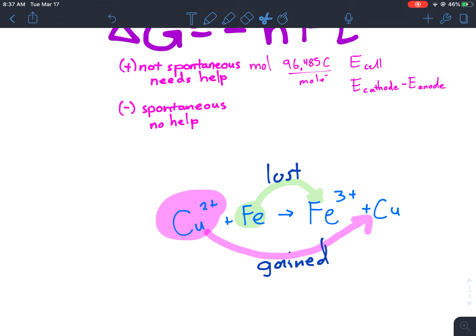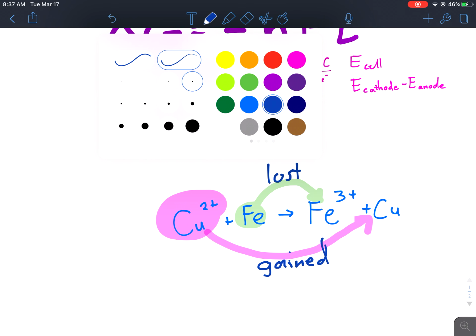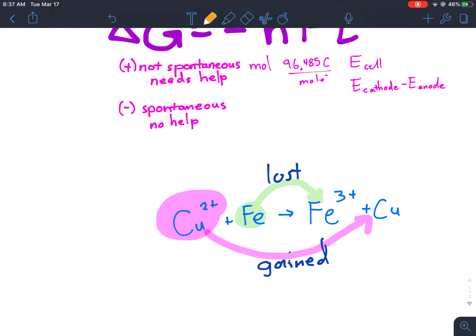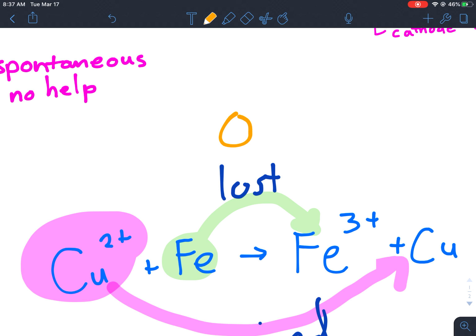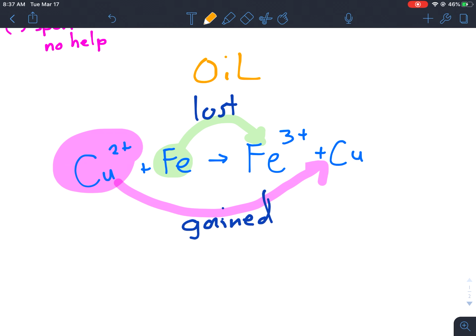Deal with it. So this is oiling, while this is rigging. So Fe is losing electrons. Copper 2 plus is gaining electrons.